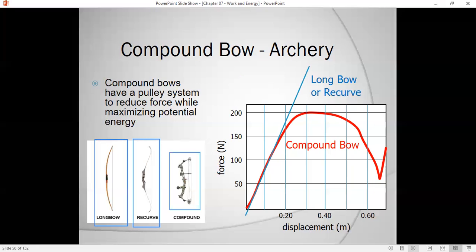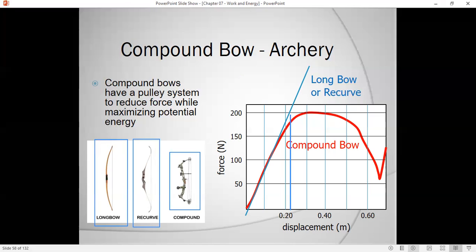Now, if we compare the longbow to the compound bow, we see for a typical displacement, let's say that I can pull back on it with about 200 newtons of force.